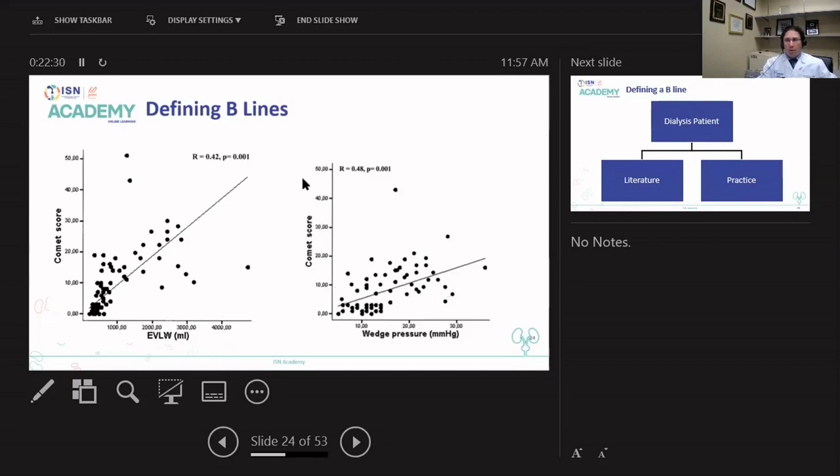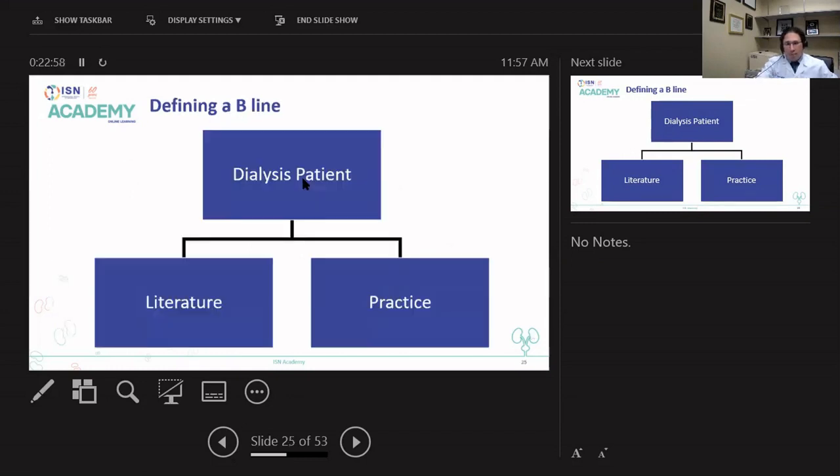So there is variability here, and I want novice practitioners to know and appreciate that. It's not a simple mathematical equation of y equals mx plus b, that 10 B lines equals a wedge of 20. There is a significant amount of variation between this. And so you have to interpret with a grain of salt, and clinical correlation is definitely required.